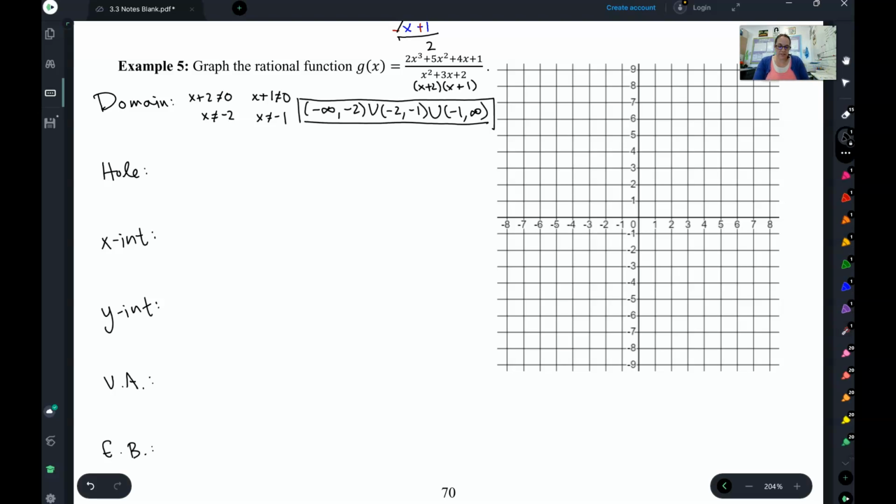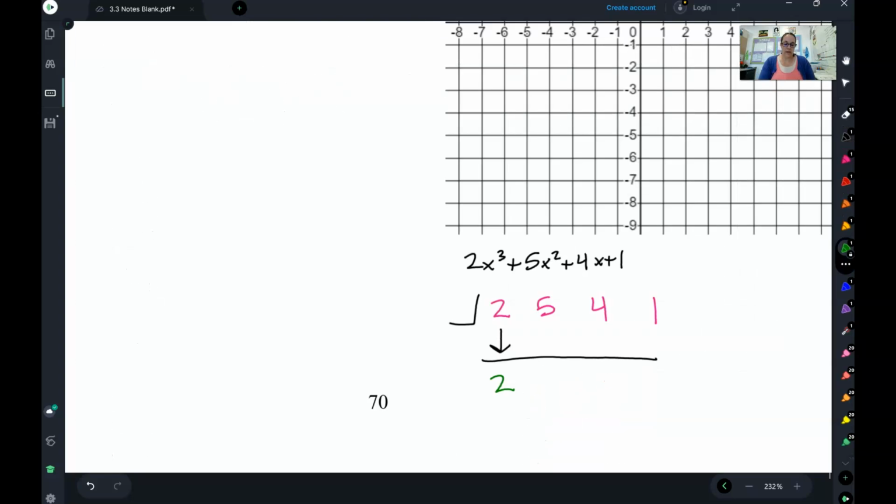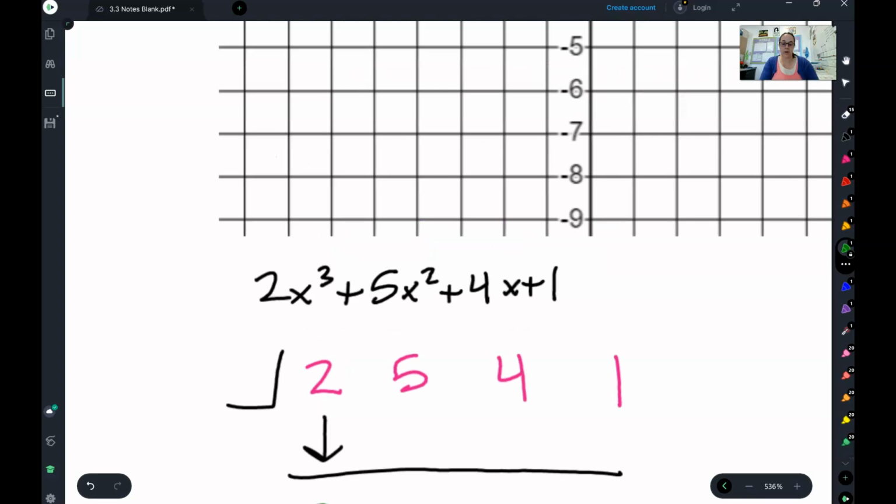So I'm going to take my numerator down here, and I'm going to do synthetic division to fully factor this. So here's what I would like you to do.